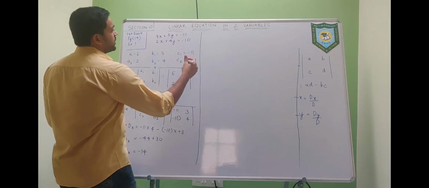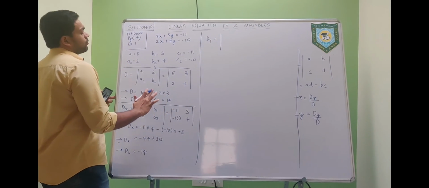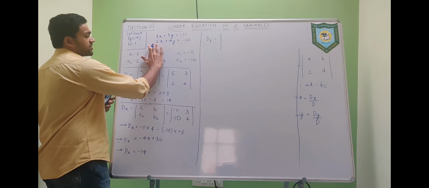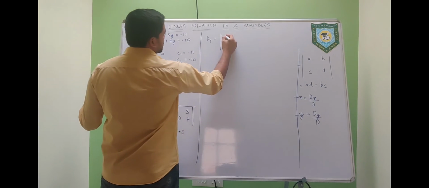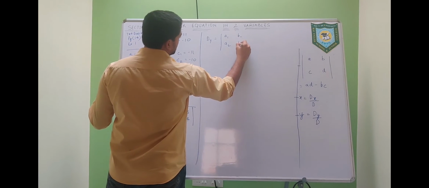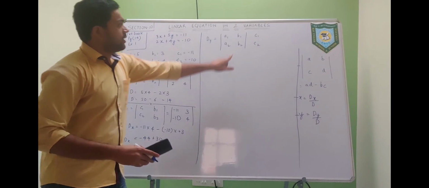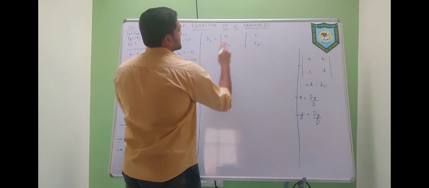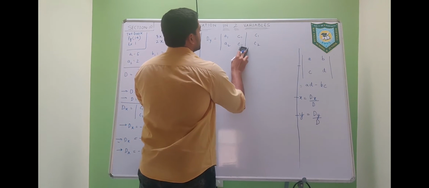Now coming back to dy. In case of dy, what we do is we hide the y coefficients, and now as I have hidden these coefficients, C1, C2 replaces those over there. So A1, A2, B1, B2, C1, C2 is outside the determinant. Now we need to eliminate this. So as this goes out, C1, C2 replaces inside. This is C1, this is C2.